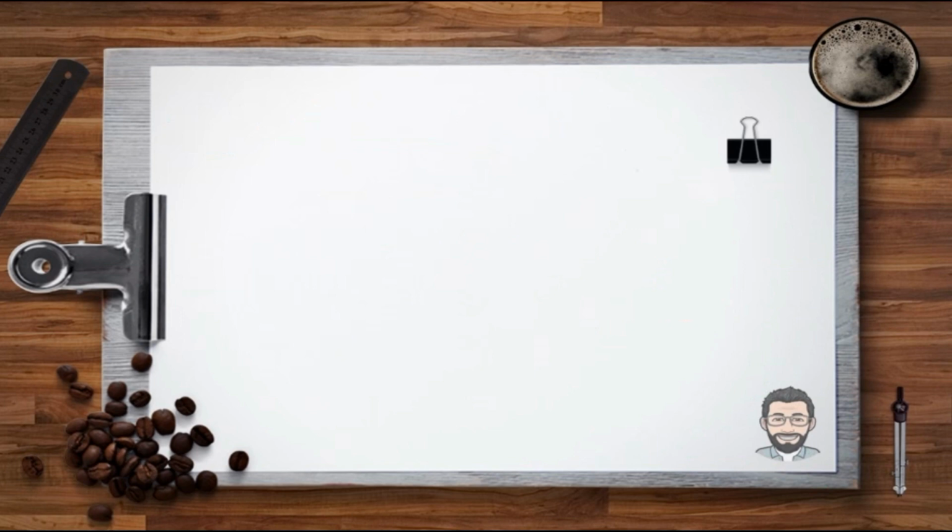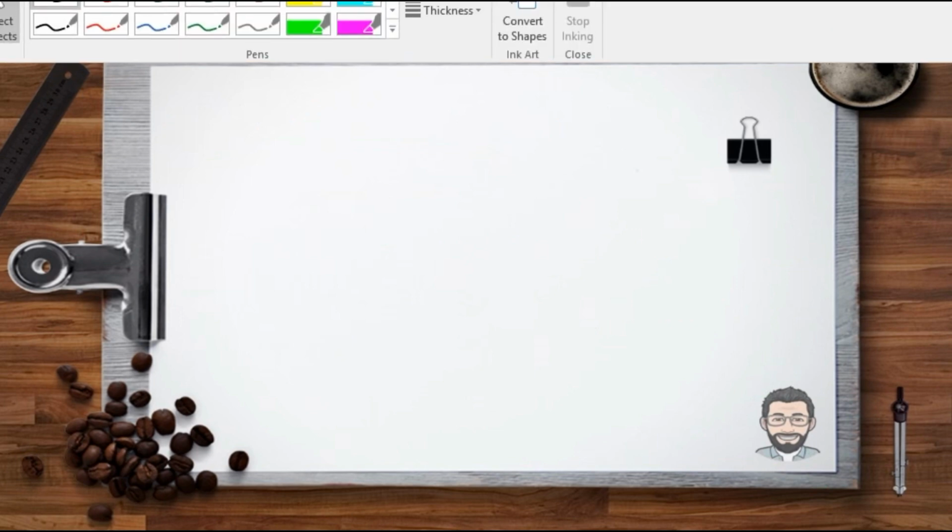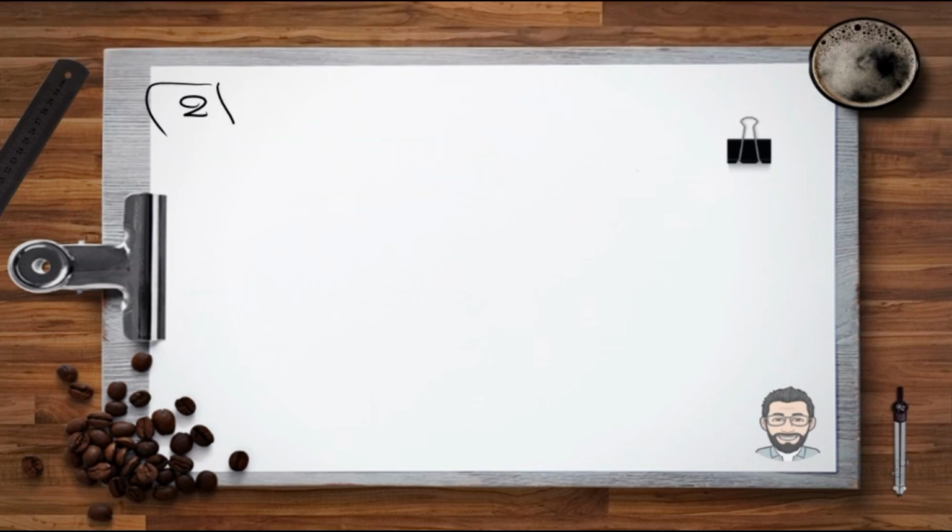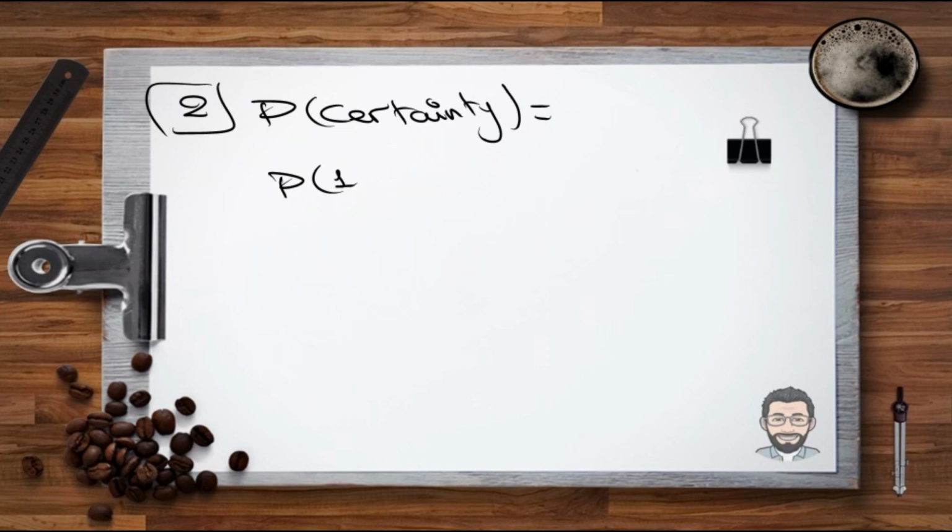Okay, the second point. You have to know the probability of certainty. So the probability of certainty means the probability of all the answers together. It has to be what? For example, for the dice, the probability of appearing 1 to 6 is going to be what? Yes, it's going to be 6 over 6, which is 1.